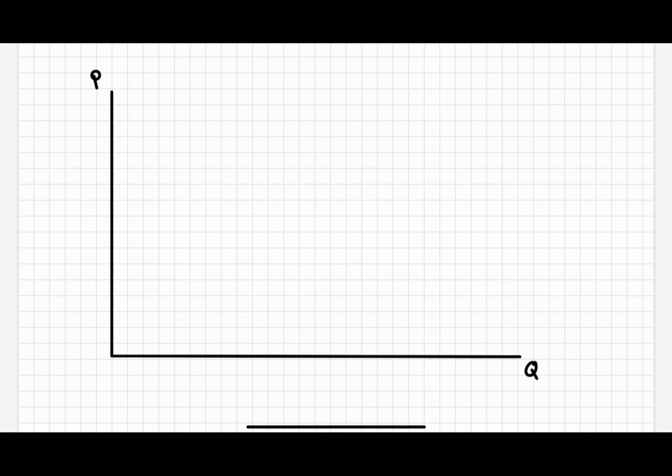So we're going to focus on the firm. This is what the firm is doing. And because the firm is a price setter, meaning they have market power, their demand curve is not flat. That would be perfect competition. This is more like a monopoly, where the demand curve is downward sloping.